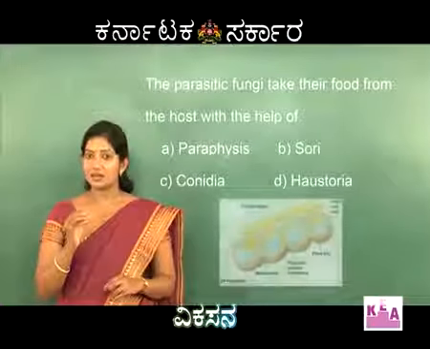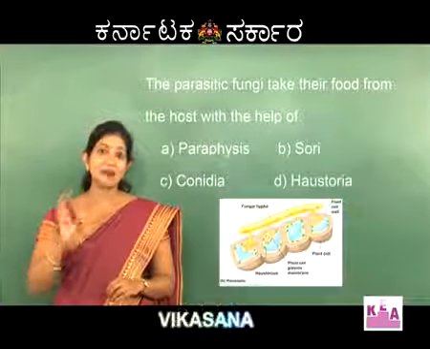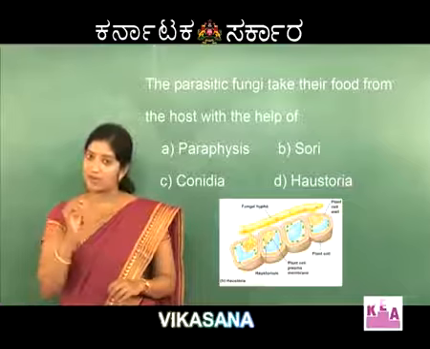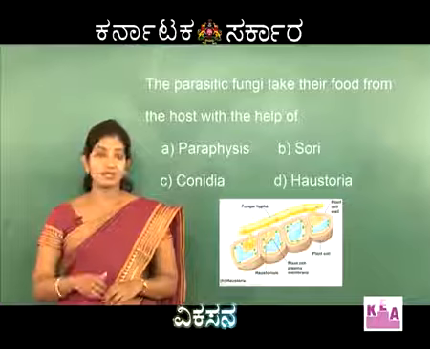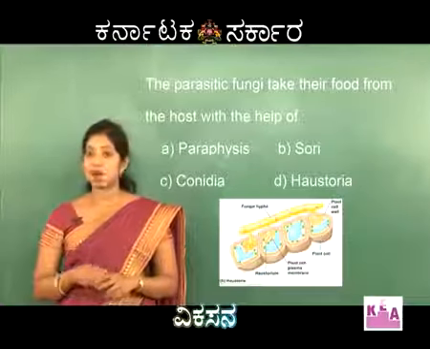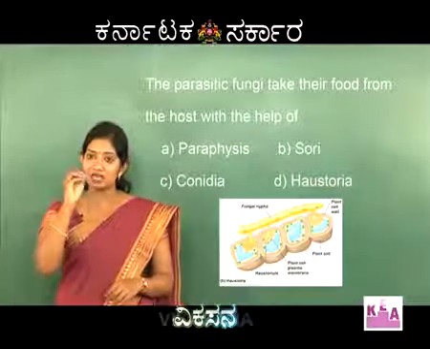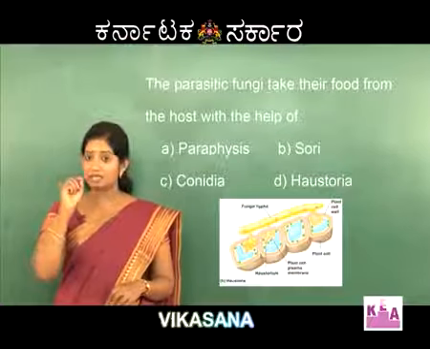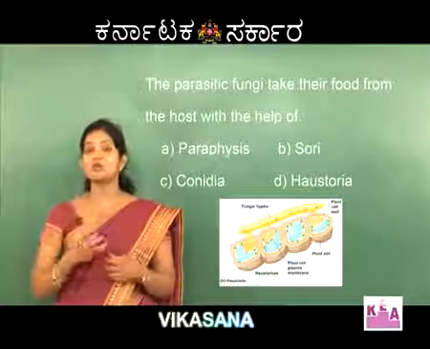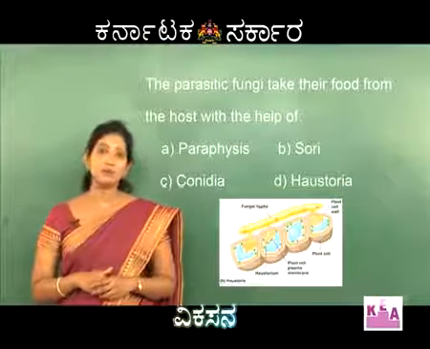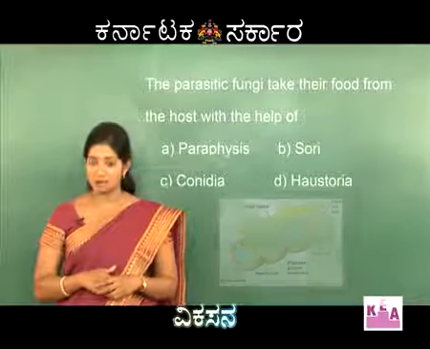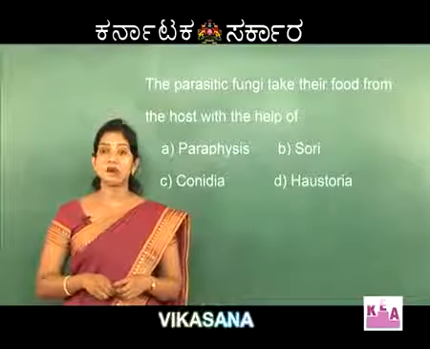Haustoria are button-like or slightly branched structures which are found at the tip of hypha. These are basically found in the parasitic fungi because they make these structures penetrate into the host cell and then they start absorbing the ready-made food which is prepared by the host. So, the right answer is D, haustoria.